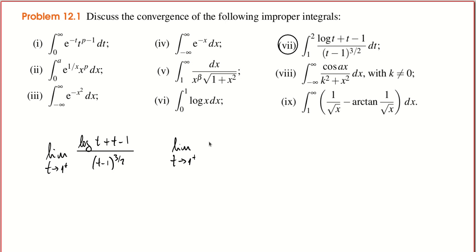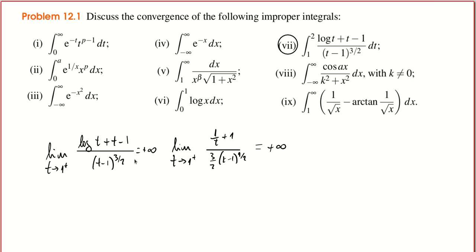If we apply L'Hopital, this is 1 over t plus 1 here, and down here we have 3/2 t minus 1 to 1/2. The numerator goes to 2, however the denominator goes to 0, which means that this function diverges. So this one diverges too, right?